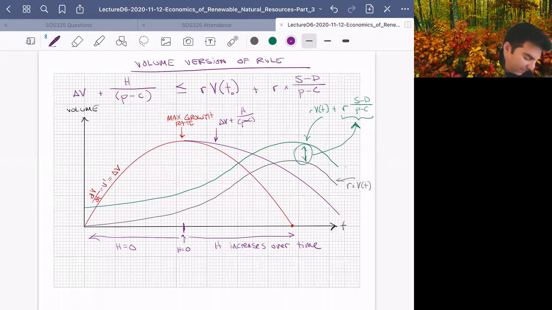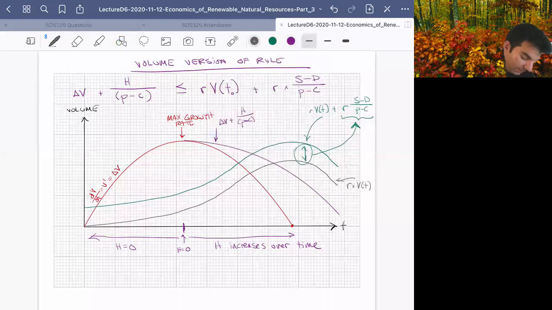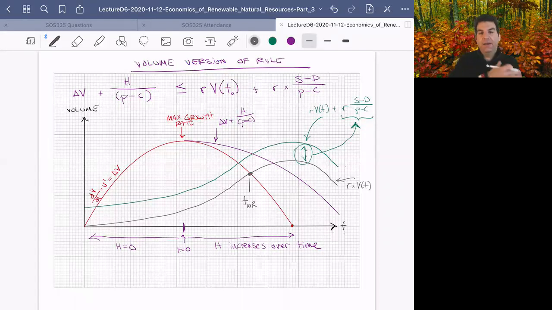And so what that shows me is that this here is my Wicksell rotation. When I add in all of those other economic factors of site value, then I get the Faustmann rotation. But then if I add in the non-timber benefits, it shifts me the other direction, back closer to the Wicksell.